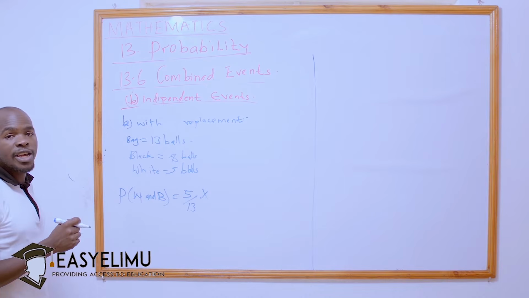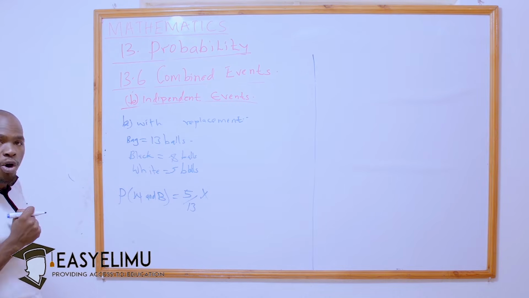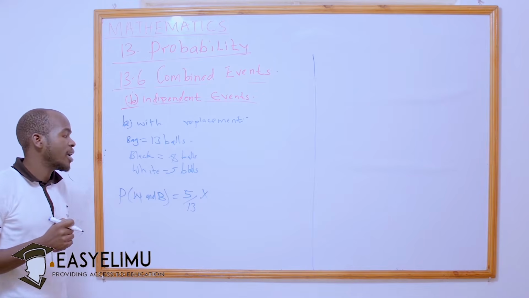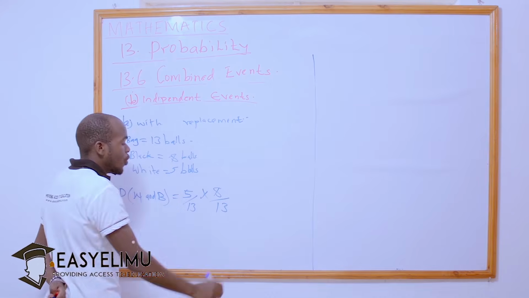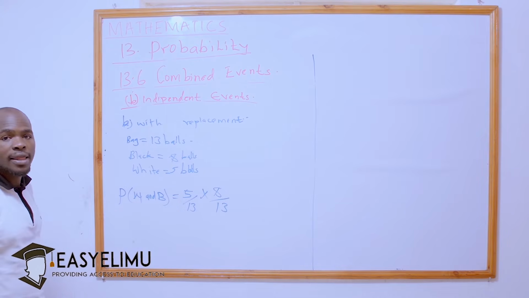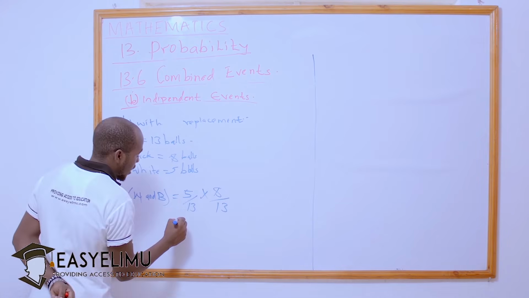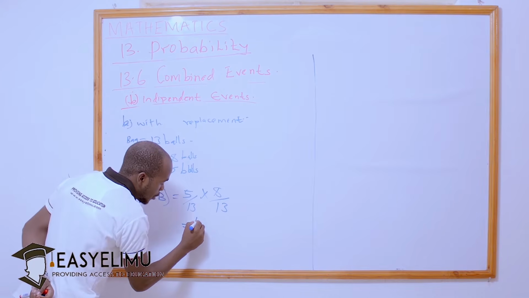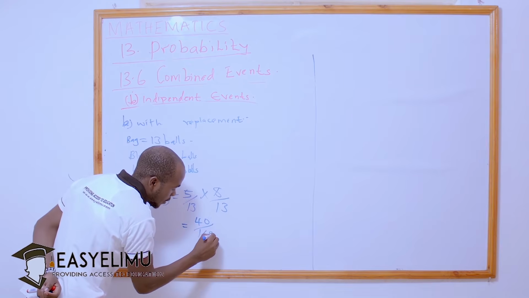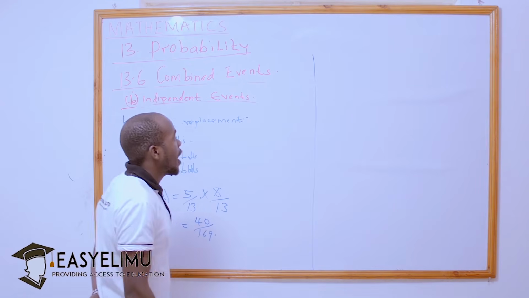Since we are replacing, after picking the ball you put it back into the bag, so the probability of picking a black ball will now be 8 over 13. So we are going to have 40 over 169.